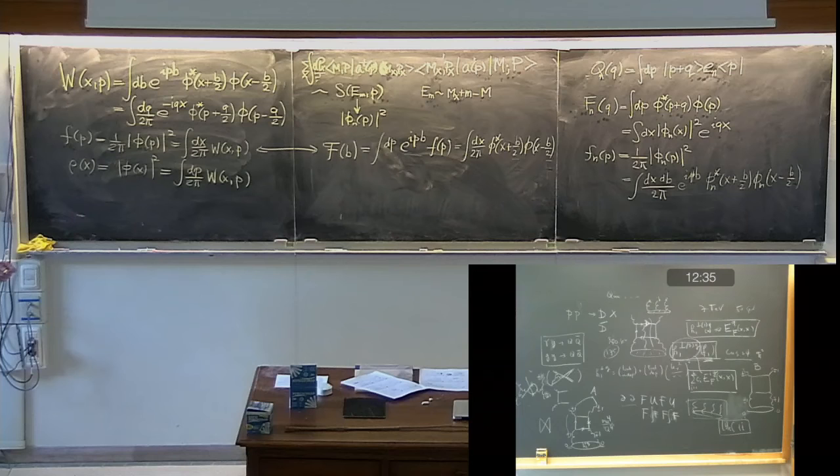Can this be done? It cannot be done if you go to what is called higher twist. So what is higher twist? I also try to introduce those concepts. Those concepts will all come up in the next few days.